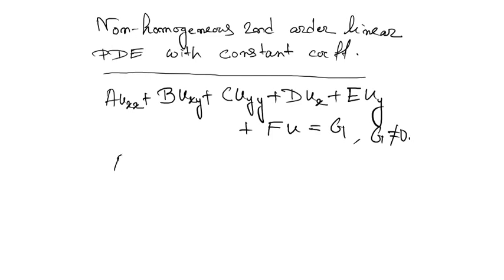And a, b up to g all are constants. So this kind of second order PDE is called linear with constant coefficients and also non-homogeneous.